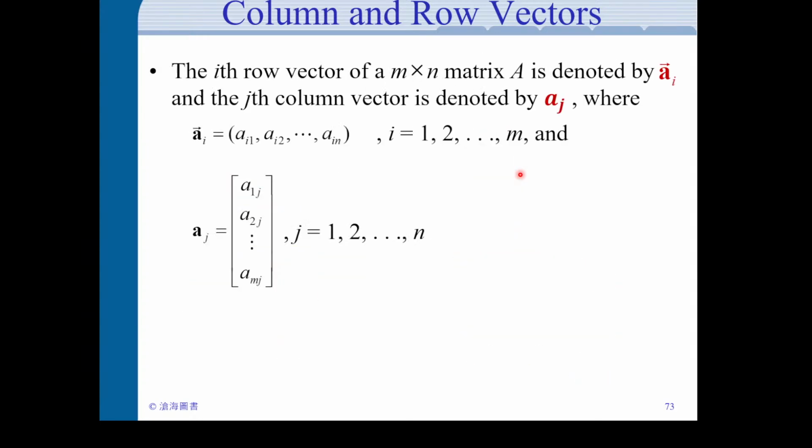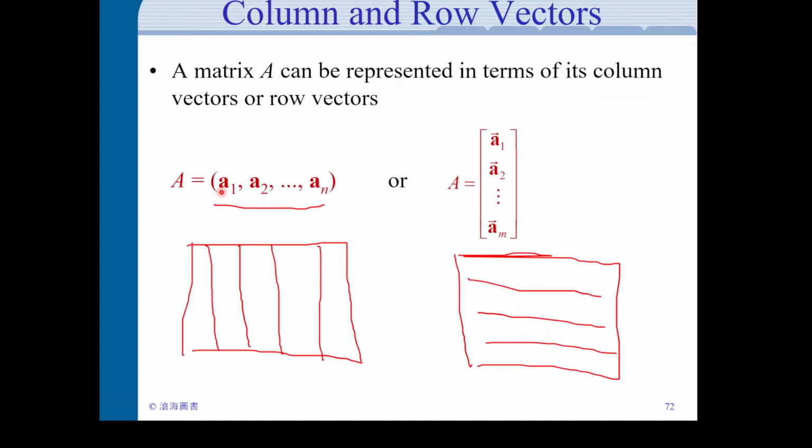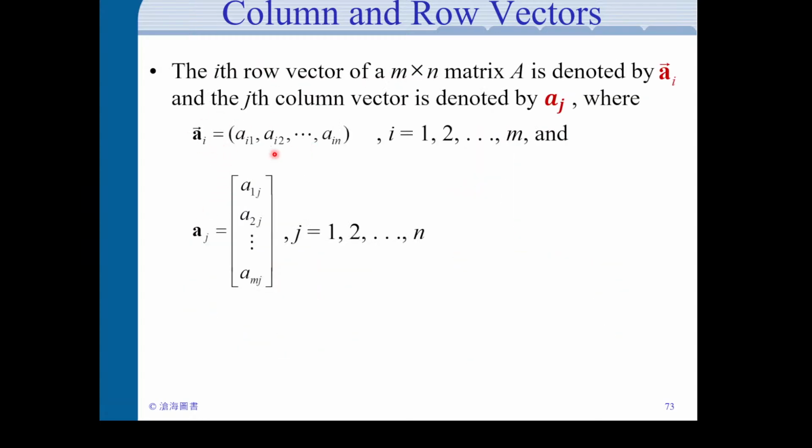And here is more detail about the notation we just covered. For row vectors in terms of matrix A, if you write down the elements explicitly, it will be the ith row, so it has i as the first index. And the jth column vector is the vector on the jth column, so you have j as the second index, etc.